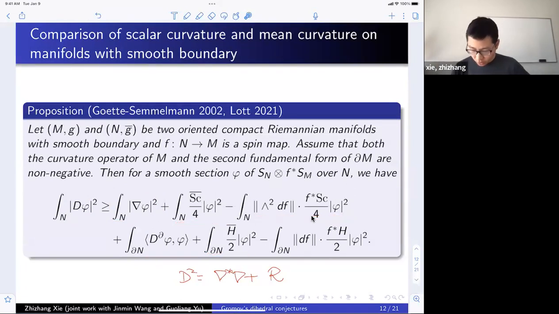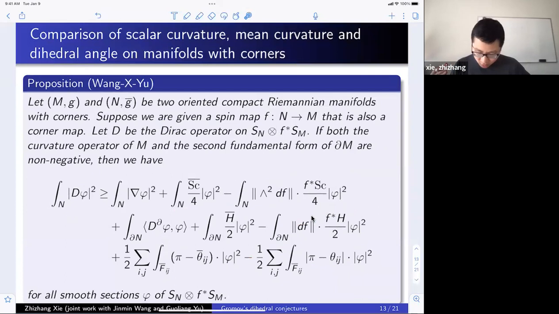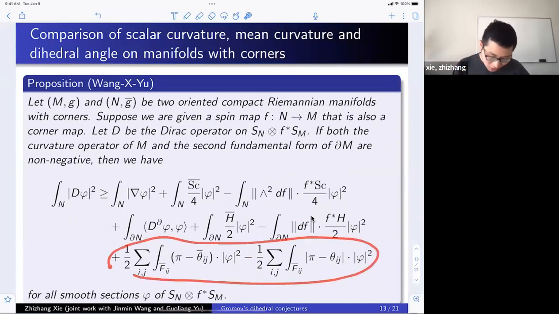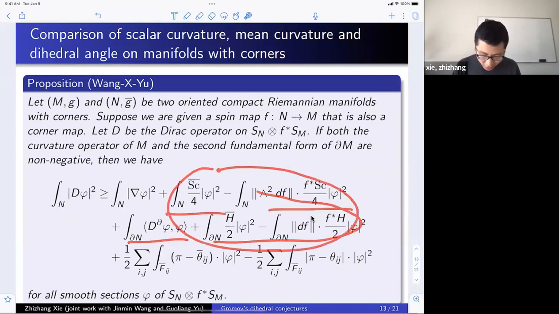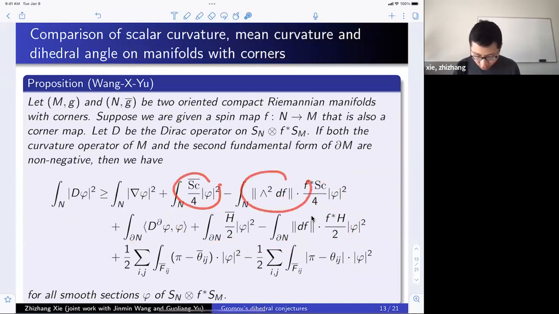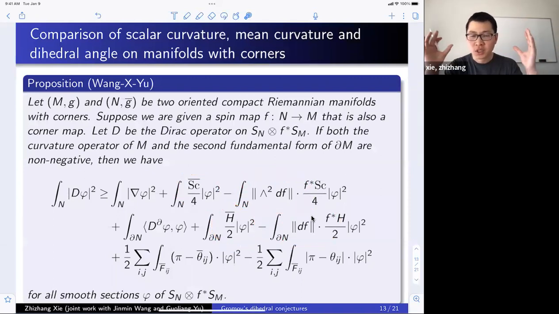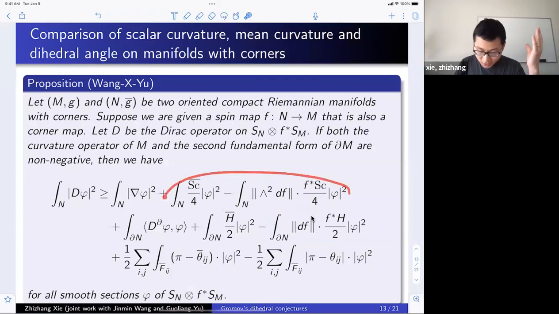Okay, so what we need for the manifold with corners case is to identify exactly, to single out again, this dihedral angle comparison. For the scalar curvature and mean curvature terms, at least away from the corner, maybe it's not surprising that we see exactly these terms appearing.